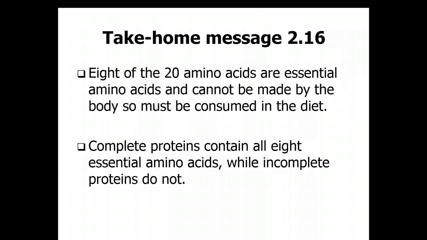So PVT, for example, proline, valine, and threonine are examples, 3 of them, and there's the rest. I won't have you remember that, but at least that there are 8 we have to acquire in our diet. So complete proteins contain all 8 essential amino acids, while incomplete proteins do not, and hence the name, as it's inferred.